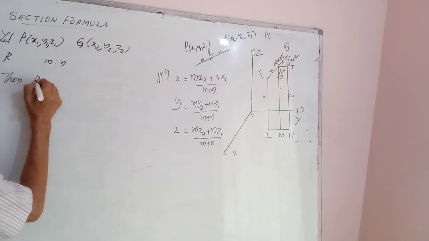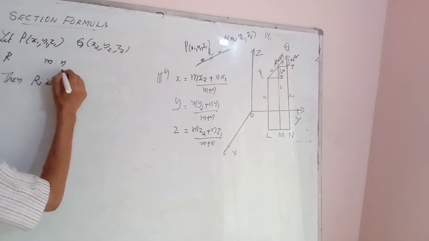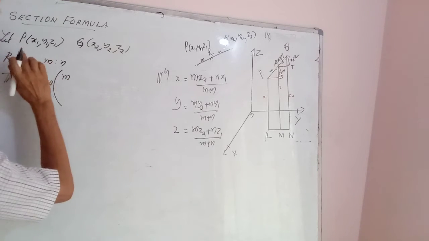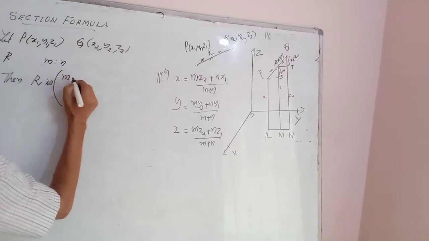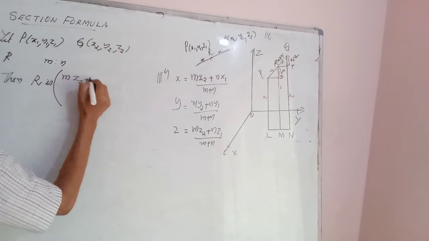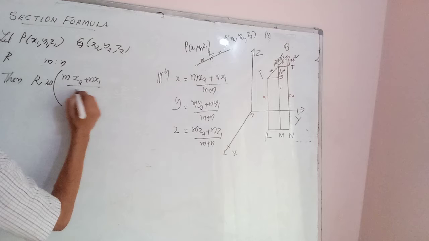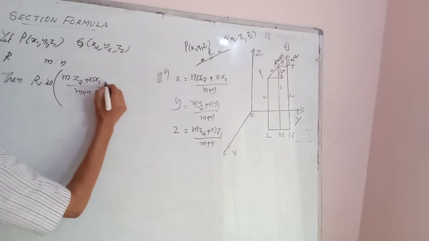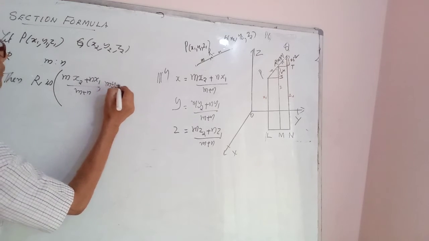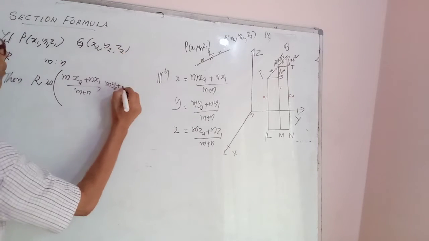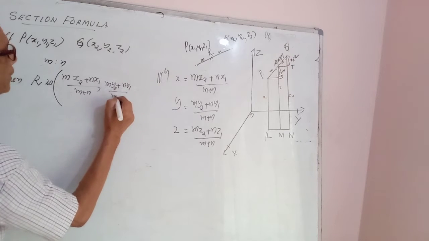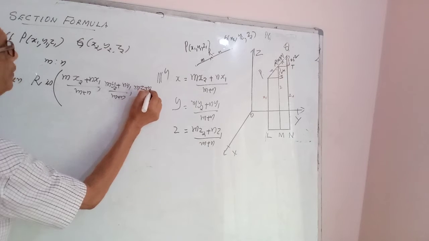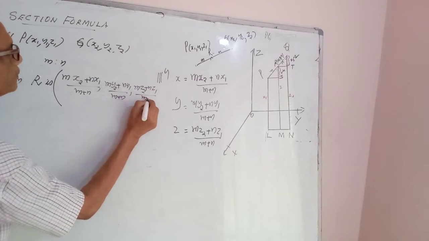Then R is equal to: first the x coordinate of R, (m x2 plus n x1) by (m plus n), comma, this is the x coordinate, (m y2 plus n y1) by (m plus n), and the z coordinate is (m z2 plus n z1) by (m plus n).